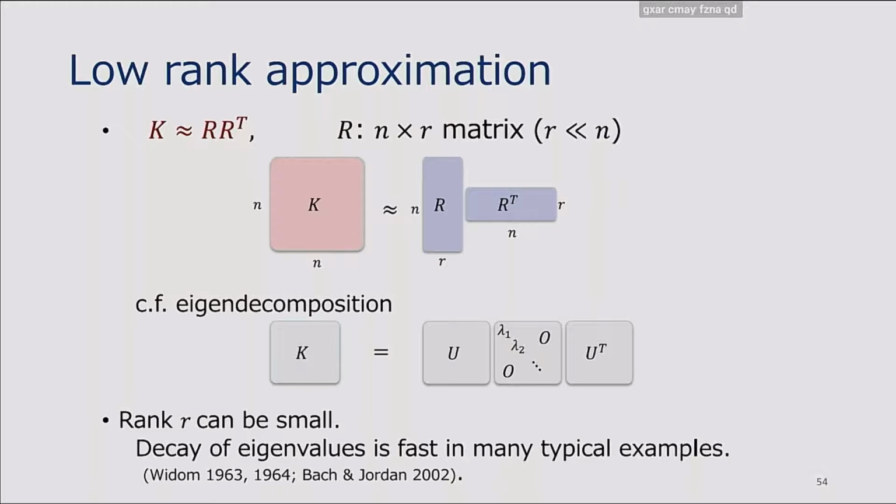And fortunately, it is known theoretically that in typical cases the decay rate of eigenvalues of the Gram matrix is quite fast. So the approximation error of low rank approximation is quite small in that sense.